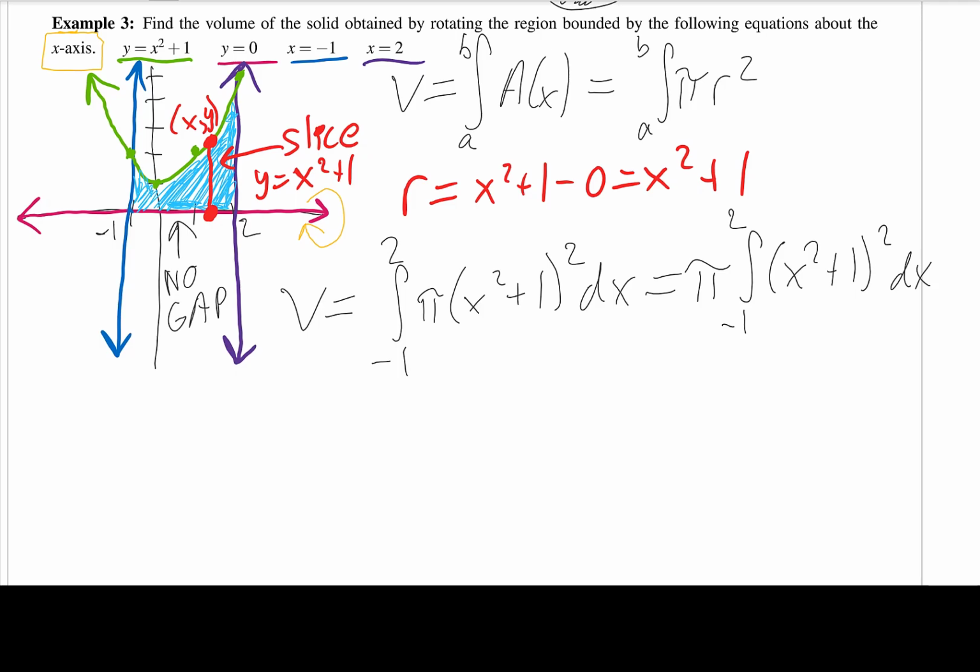Well, a nice way of integrating this, since we don't have crazy exponents going on, is that we can just FOIL it out, right?